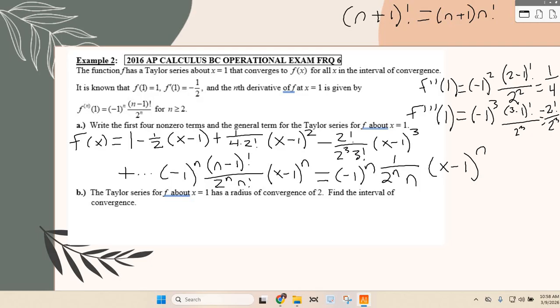Alright, on the next one, it says the Taylor series for f about x equals 1 has a radius of convergence of 2. Find the interval of convergence. So what value has to be in the middle of our convergence interval? Is it 1? 1, right? It has to be your center.